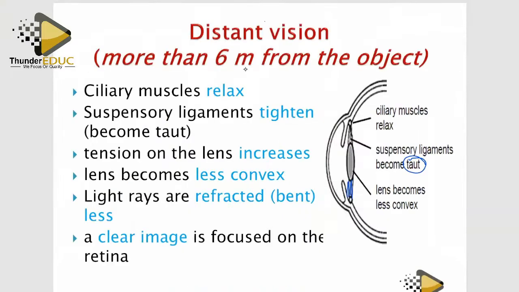So that's what we are saying here, that the ciliary muscles, please. This is the major mistake students make. When you ask them about accommodation in the pupillary mechanism, when they reach accommodation, they will say sphincter muscles will relax.